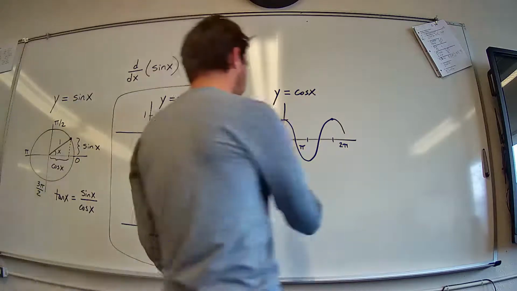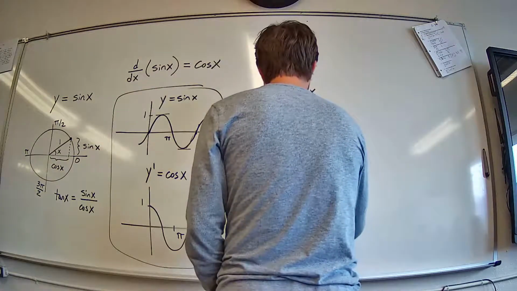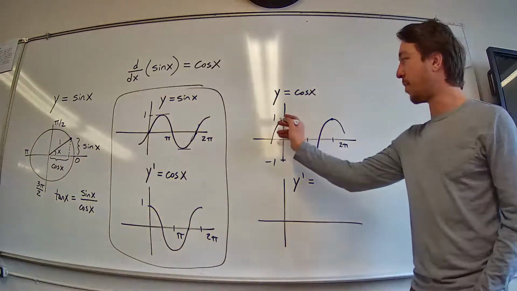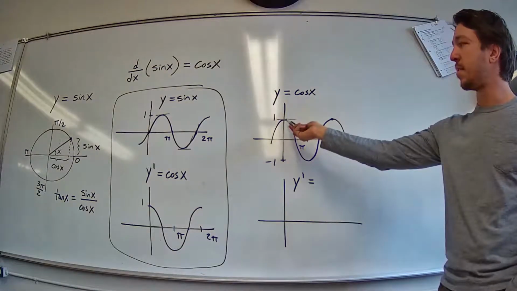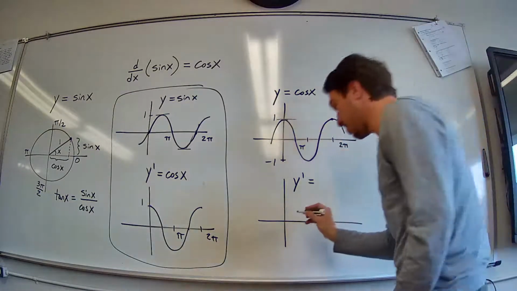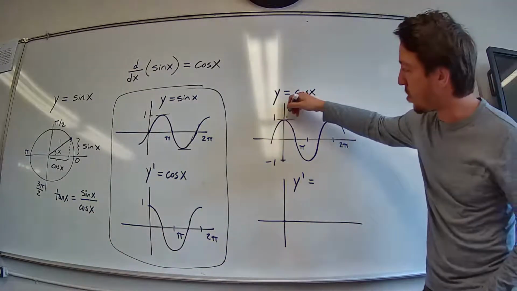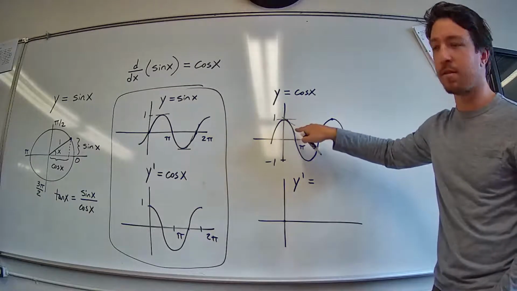Okay, so this guy's friend, let's graph y prime over here. What do my slopes start off at? At 0, what's the slope of this graph? 0, starts off at 0. But then what do the slopes do as my x increases?